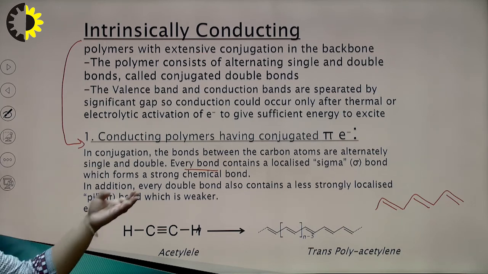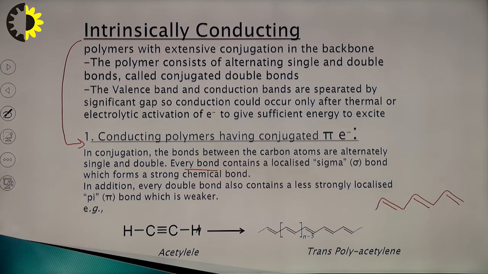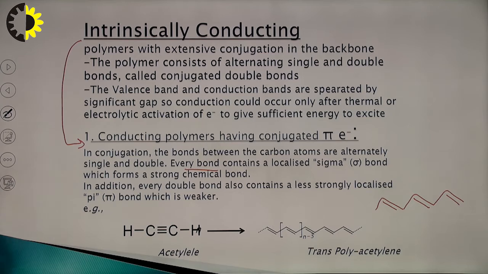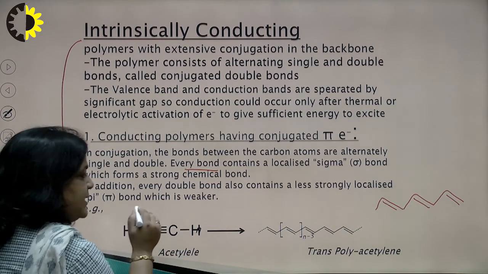Since there is a double bond, the double bond also contains a less strongly localized pi electron, which is comparatively weaker than the single bond. Electrical conduction could occur after thermal or photolytic activation of electrons with sufficient energy to jump. Let us take an example of polyacetylene.